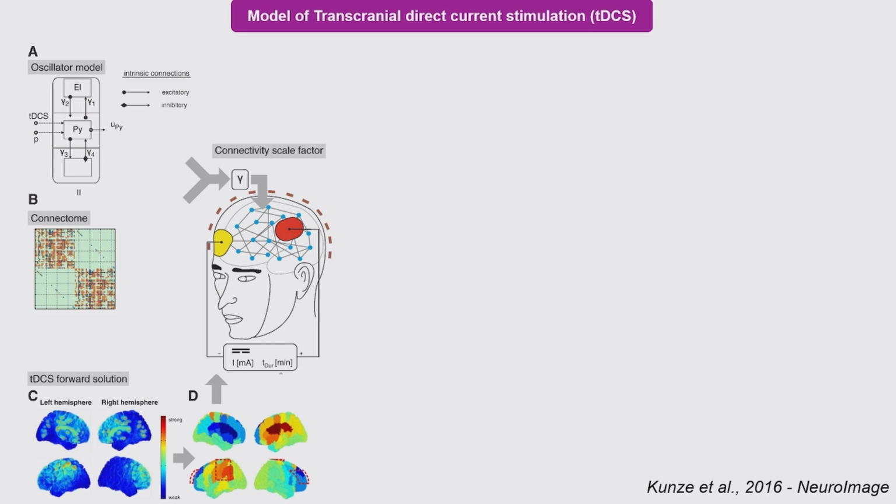Then they used a tDCS field model to establish which regions to inject the input to, and they injected the input to simulate the tDCS effect in a canonical way.